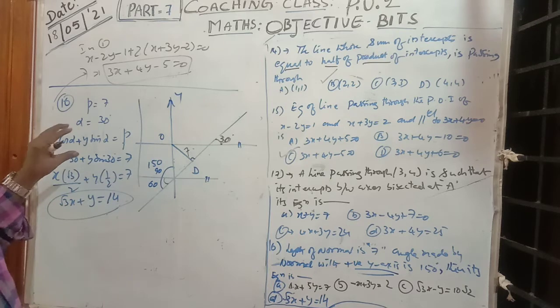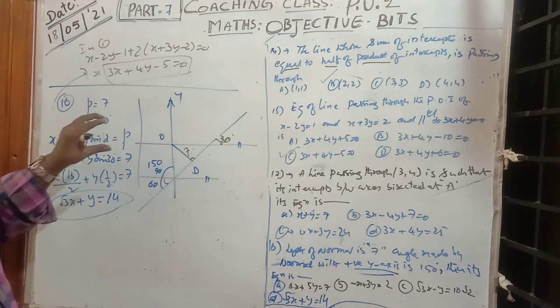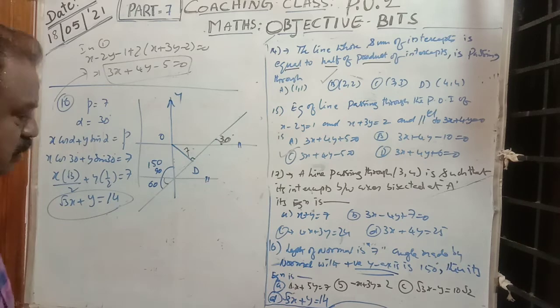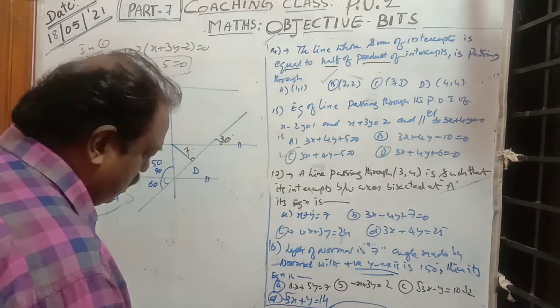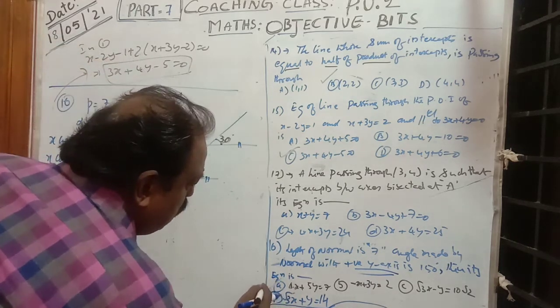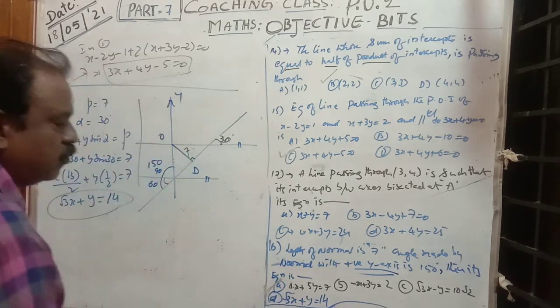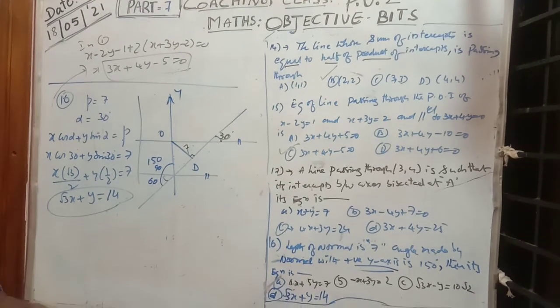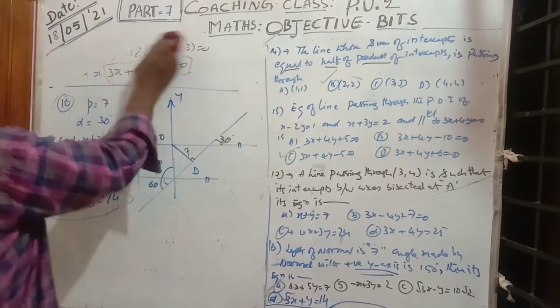But for understanding, a clear picture is there. Try to understand. So here it is root 3x plus y is equal to 14. I think this one is correct. That fourth one. Okay, now like this D option is correct. Now we go to the 17th problem.